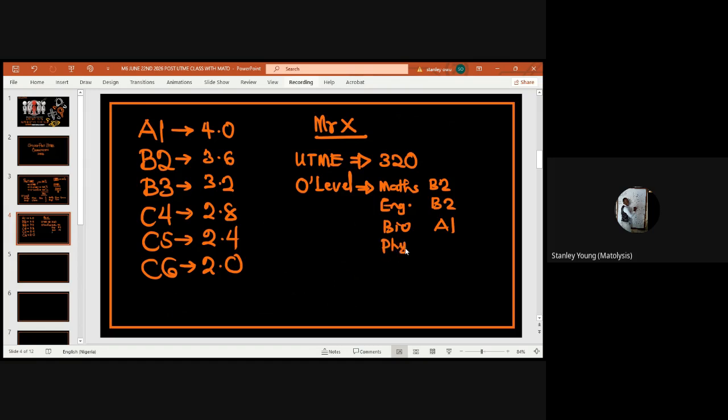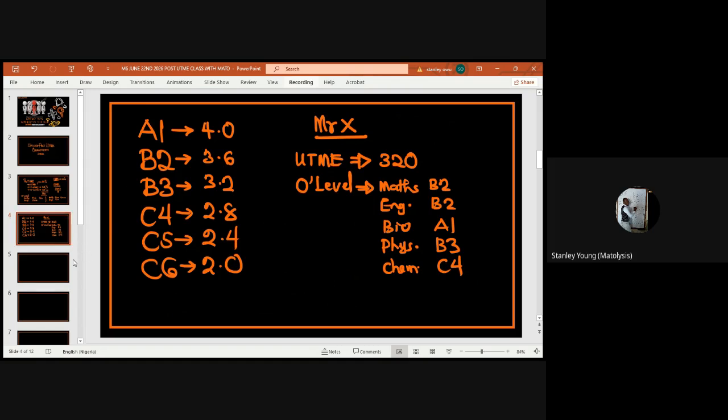Physics, B3. Chemistry, let's say this guy has C4. This is prior to writing post-UTME. So now we want to know the aggregate that Mr. X has prior to the post-UTME.